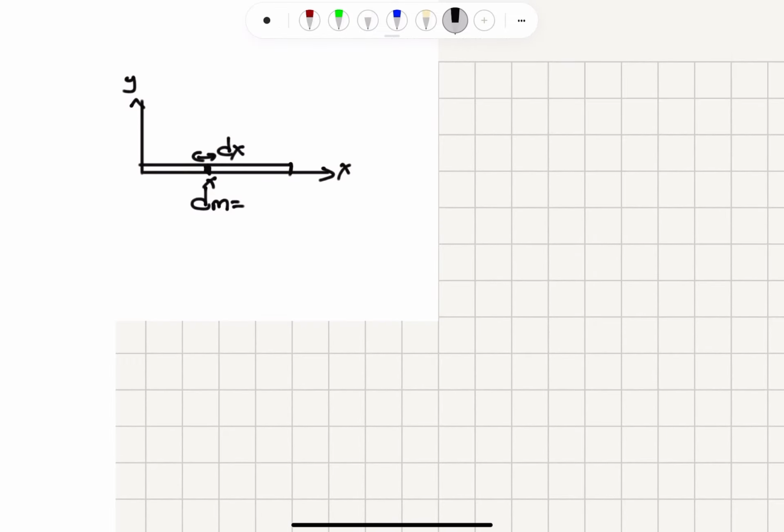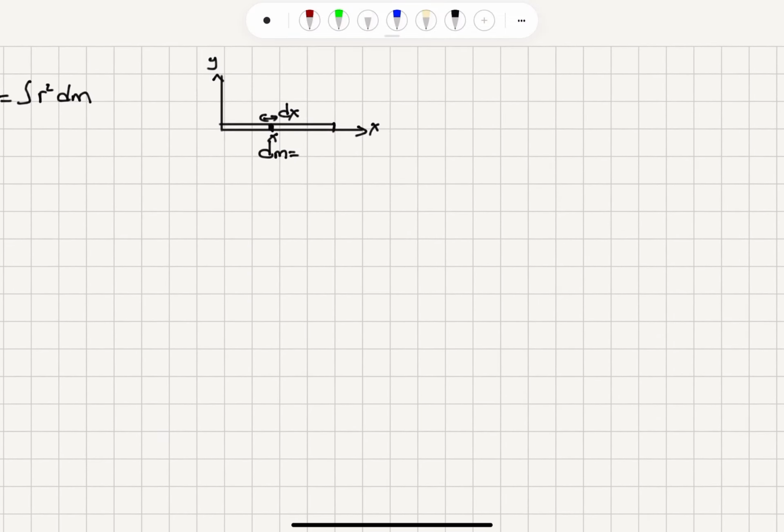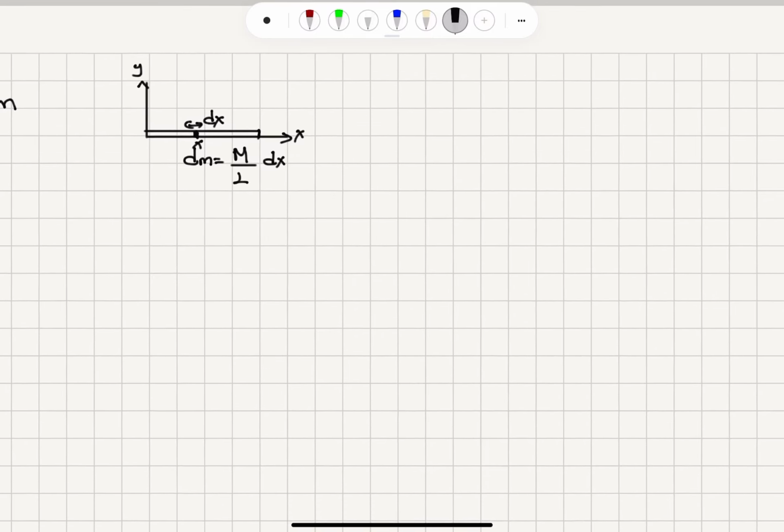If you consider the bar here, at a distance x from the origin, and I look at an infinitesimal length dx, the mass of this portion will be total mass m divided by total length L times dx. That is the linear mass density times dx for a uniform mass distribution.